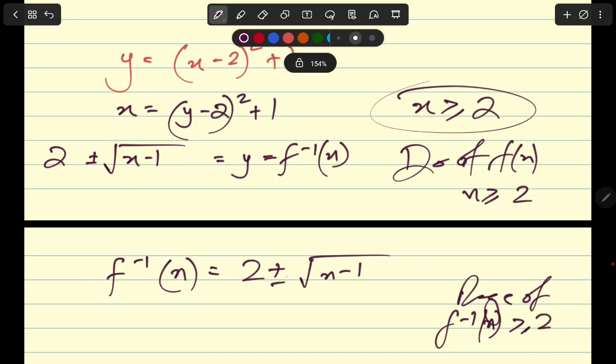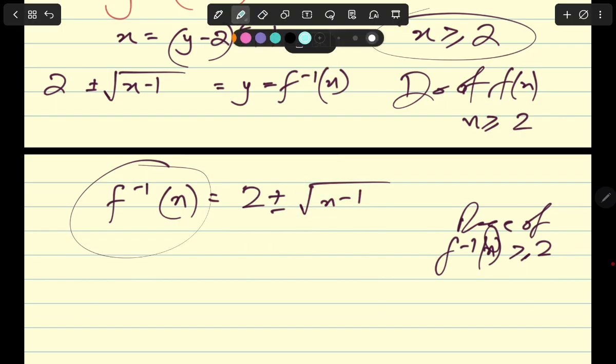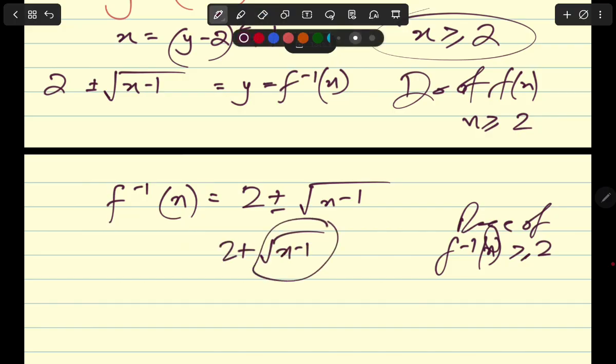So for this to be greater than or equal to 2, and because we already know that the square root cannot produce a negative result, we have two options. So this is 2 plus under root x minus 1, and we know that this result is always going to be 0 or positive. So if we add something to it, then it is fine.